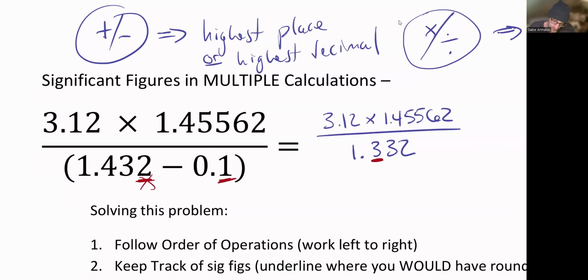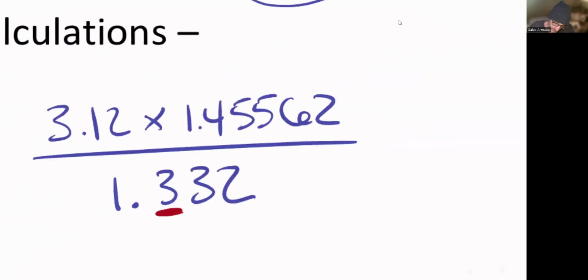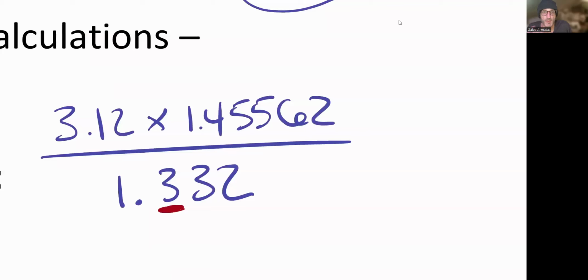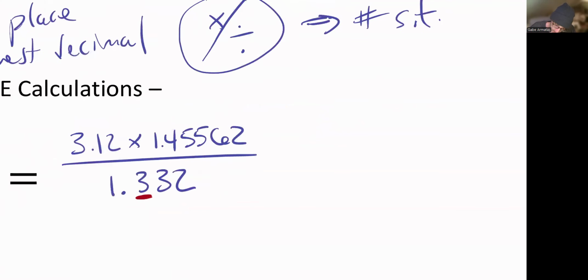So the next step: parentheses, no more parentheses. No exponents or roots. What's next? PEMDAS, right? Multiply or divide, working from left to right. We have the multiplication on the top. So I'll take the 3.12 times the 1.45562, multiply those out, and again I'm going to rewrite everything else.